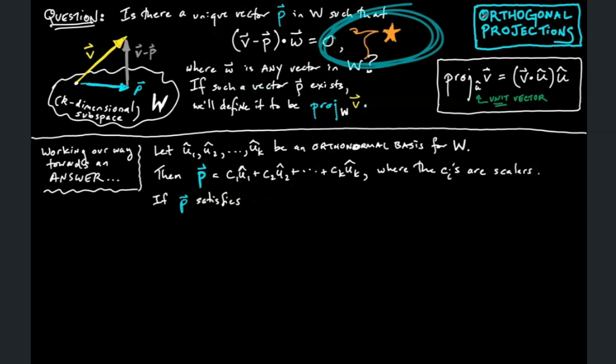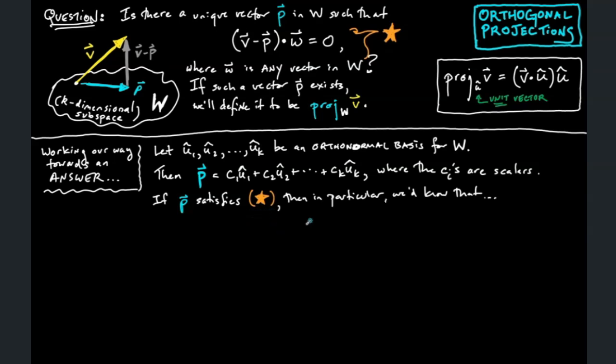I will call it the orange star condition. So if P satisfies condition orange star, then in particular, we'd know that a lot of dot products are equal to 0. And one way we could get 0 is to take the dot product of V minus P and, well, what's a specific vector that we know is in W? Well, we know all the basis vectors are in W, so let's use the first basis vector, U1. So if P satisfies this condition, we know that we would get 0 if we dot V minus P with U1, the first basis vector.